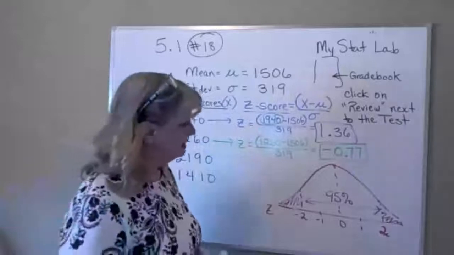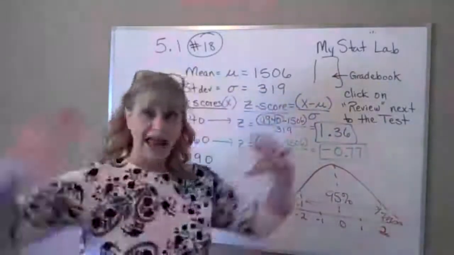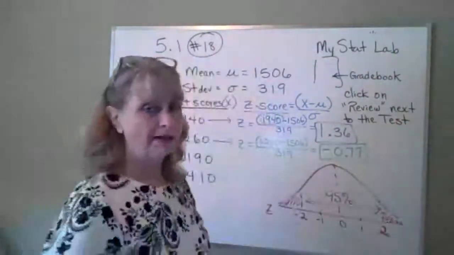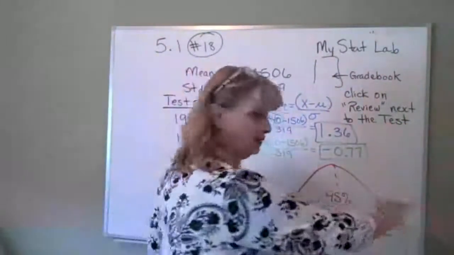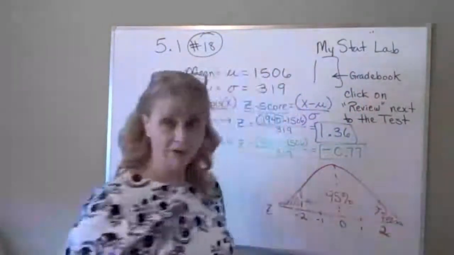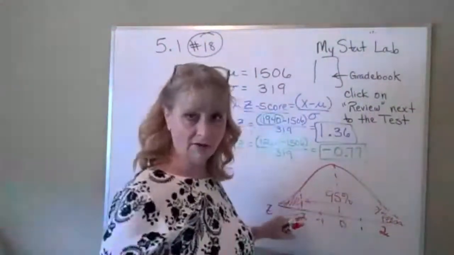So that means that this little tail out here and this one over here are the outside 5%, which means the probability of those together is 5%, because it's the rest of the area under the curve.